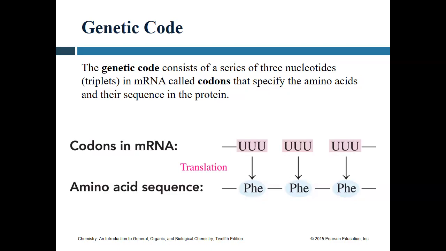So if I have a codon that says UUU, the anticodon there would be AAA. And so I would need to find the transfer RNA that has the anticodon AAA. That would hook up right here.